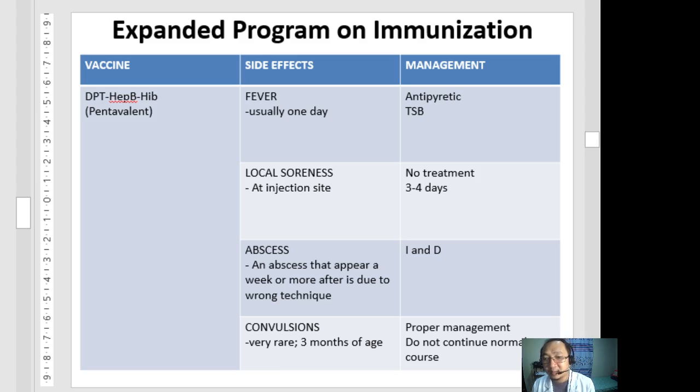Okay, proper management should be done, and proper reporting to your physician or your pediatrician, whoever immunized your child, should be done. And this occurrence of convulsions usually warrants discontinuing the course of the vaccine.